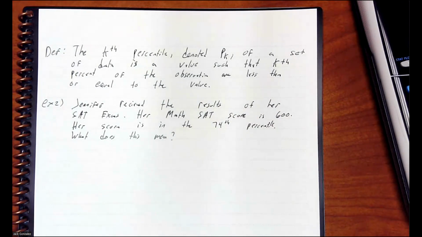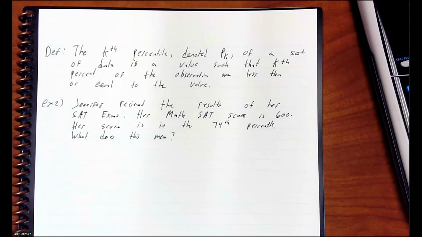So anyone above. How should I phrase it? How many more percents are above her score of 600? There's 26% of the population above her.